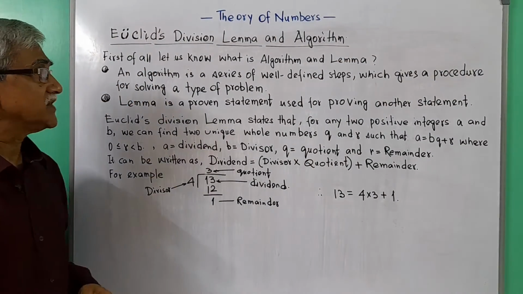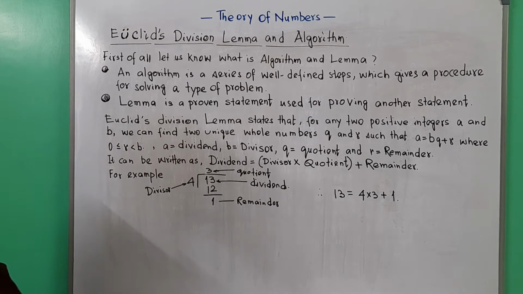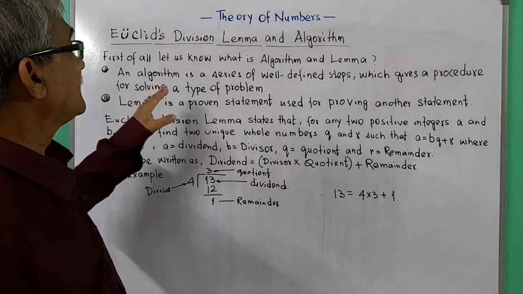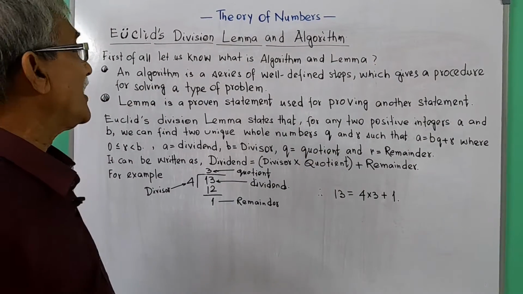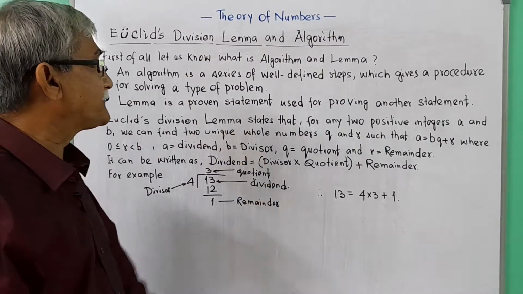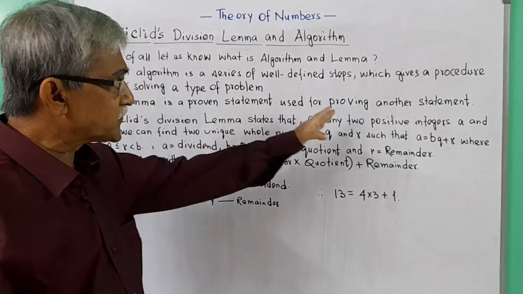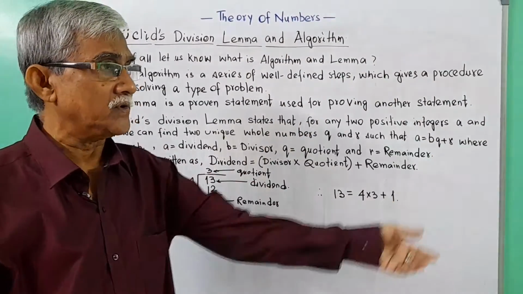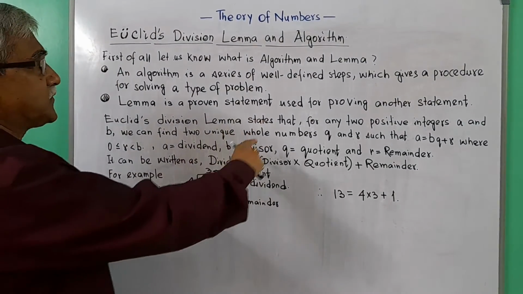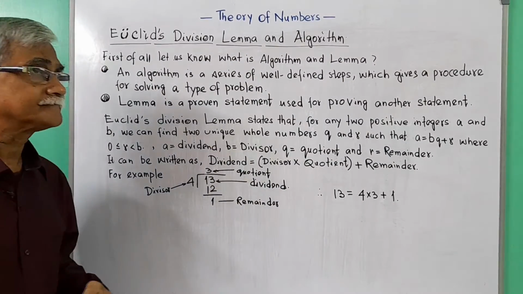An algorithm is a series of well-defined steps which gives a procedure for solving a type of problem. This is called an algorithm. And what is a lemma? A lemma is a proven statement used for proving another statement. It is called a lemma.